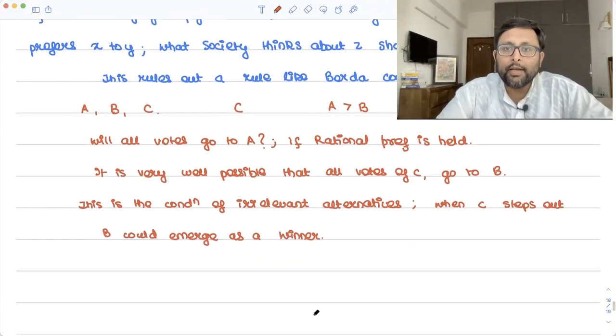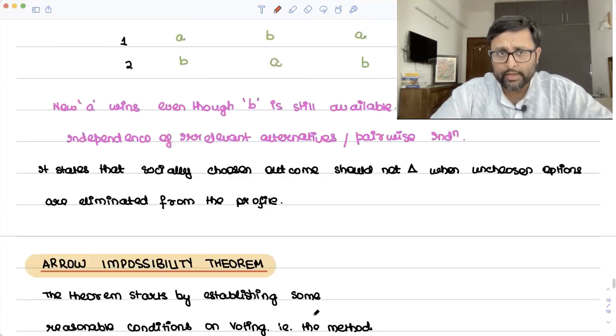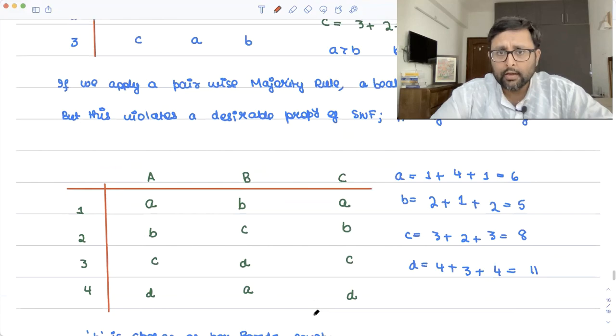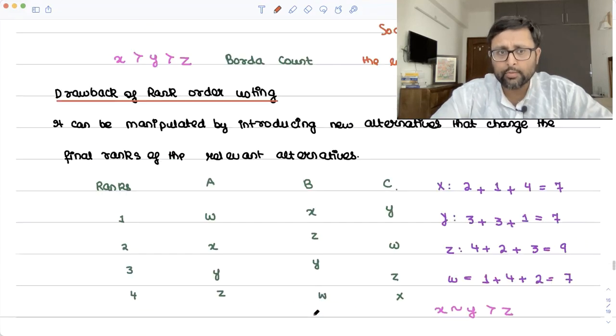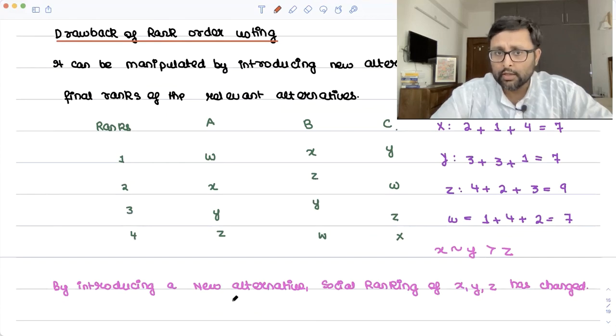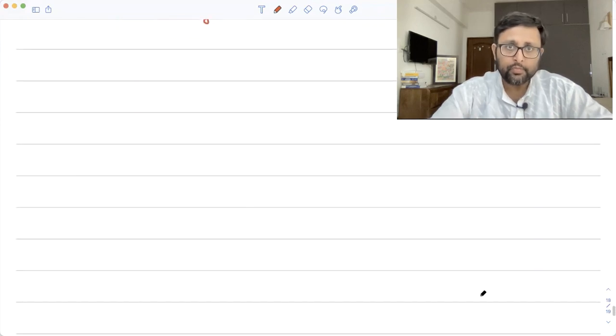If you just want to summarize all this, you can also write about the rank order voting, which we did yesterday, right? You can talk about Borda count, then this rank order voting as well. Introducing the new alternative, the social ranking has changed. We have done this yesterday also, so in your answer, maybe you can write this as well.